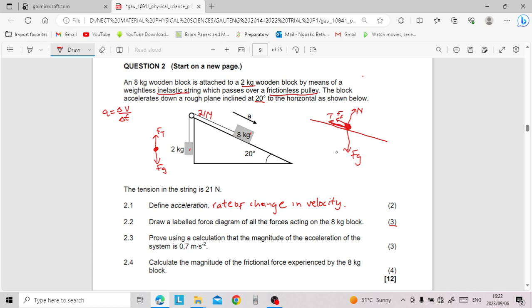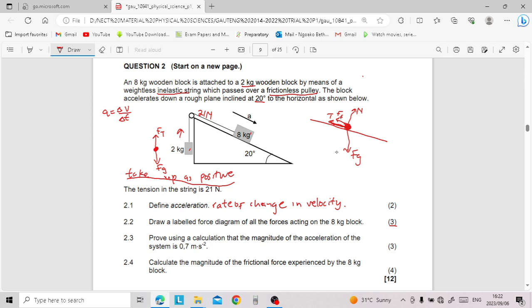Now we need to apply a sign convention. Of course, the acceleration is in that direction, the object is moving in that direction. So normally the direction the object moves is positive. So we're going to take up as positive.